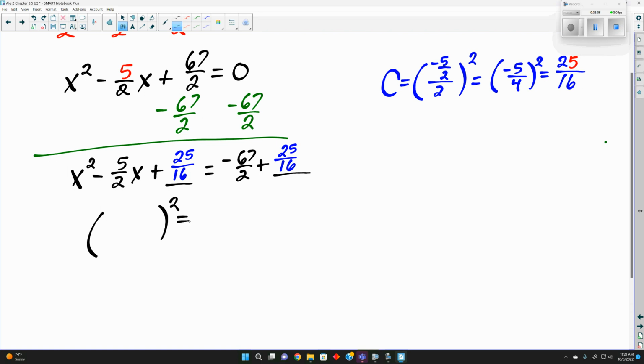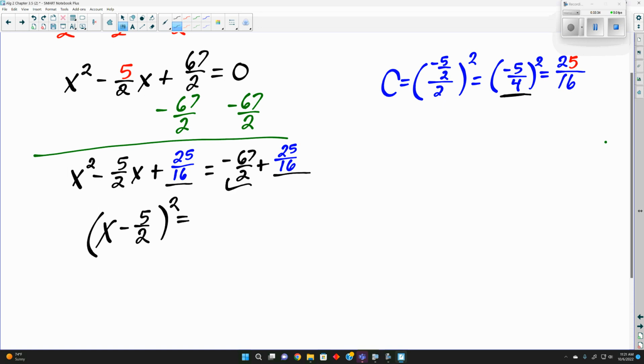Now before, with factoring, trying to factor x squared minus 5/2 x plus 25 over 16 would be a little challenging, to try to figure the factors of 25/16 out. But we know whatever is inside the parentheses before we square it is what goes in there. So x minus 5/2 squared... we just have that.